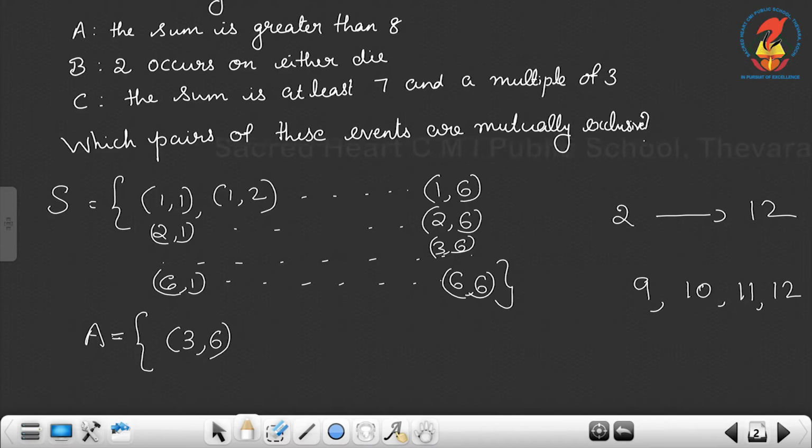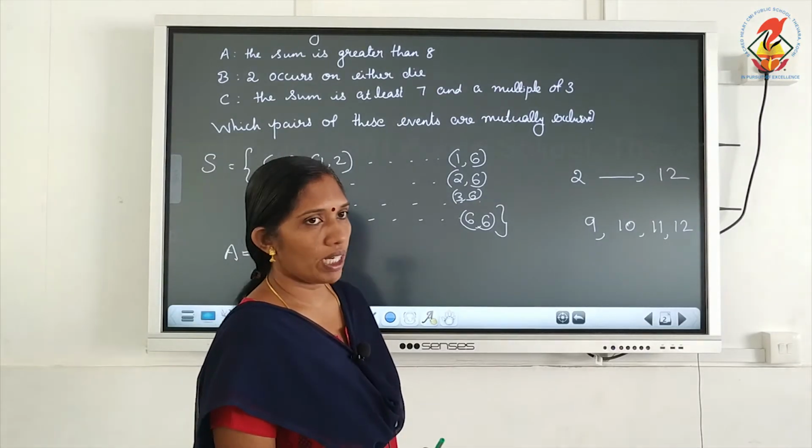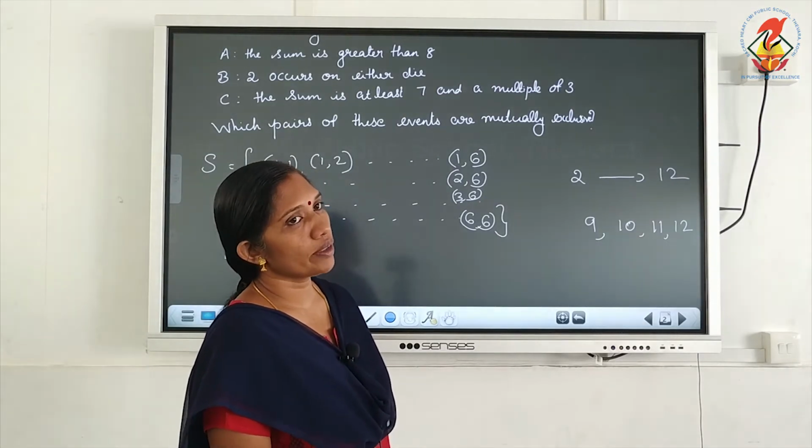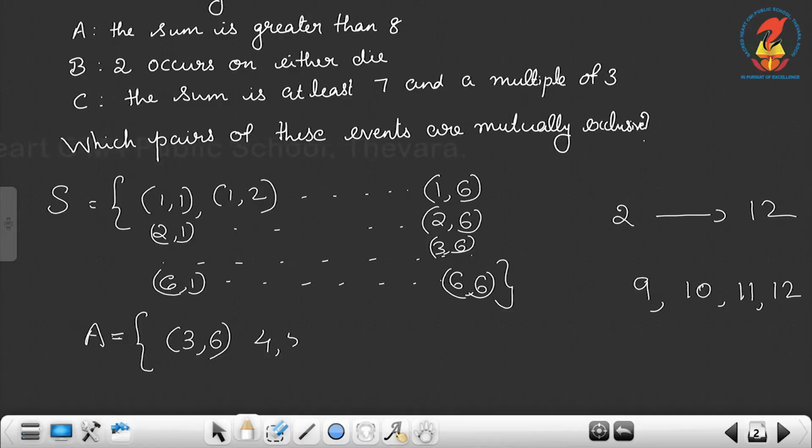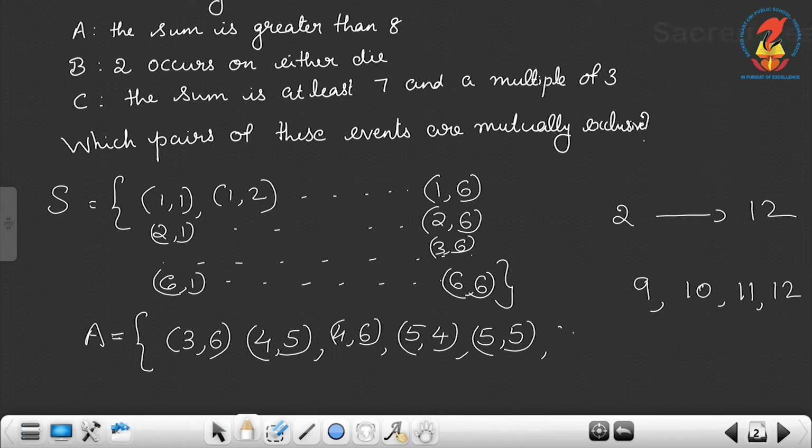Now in the fourth row, (4,5) and (4,6): sum is 9 here, sum is 10 here. Now in the fifth row, (5,4), (5,5), (5,6).